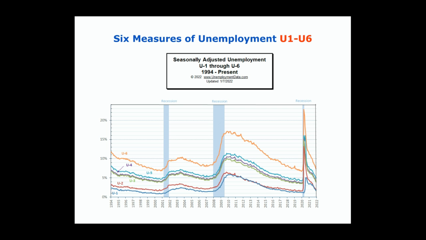And so here you can see U1 through 6 charted for the last 30 years or so, and you can see U6 on the top, U3 is green in the middle, and you have the more narrow measures on the bottom, the more broad measures on the top, and they generally go together.